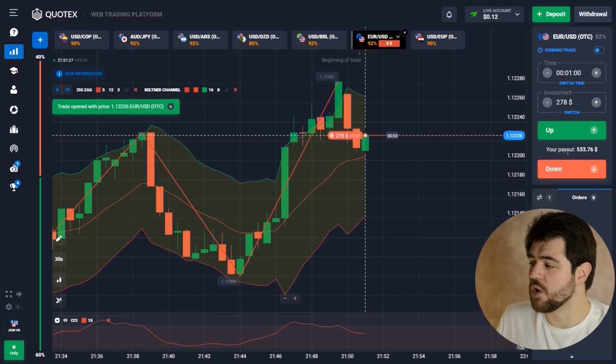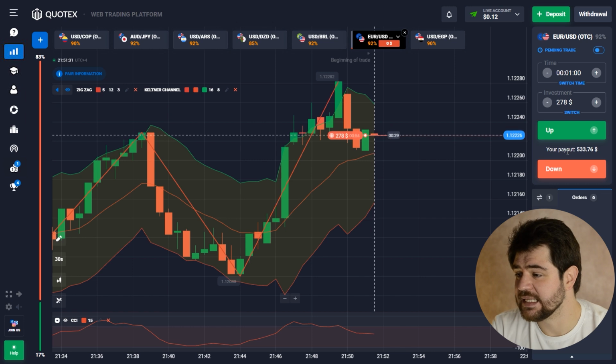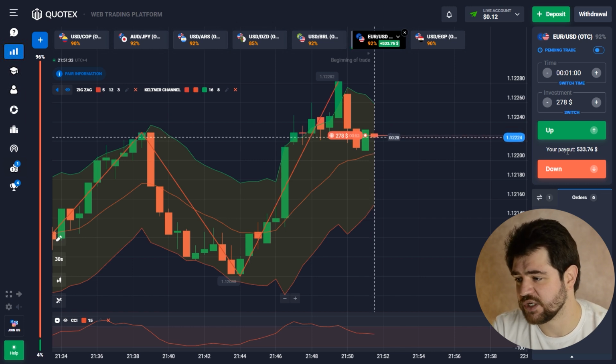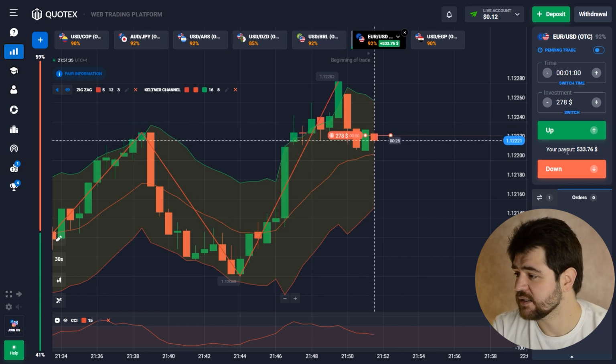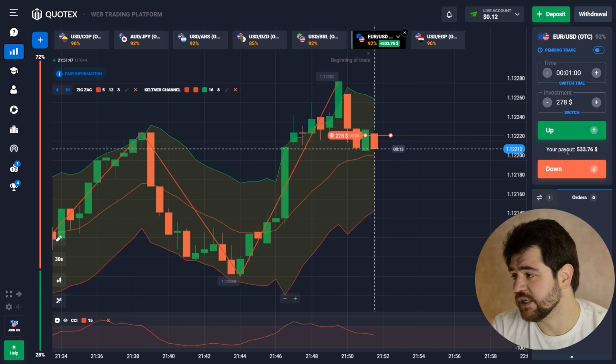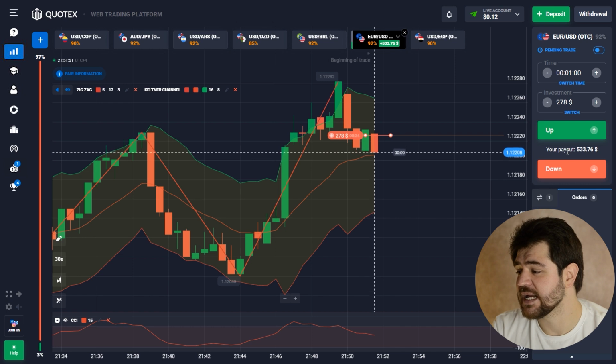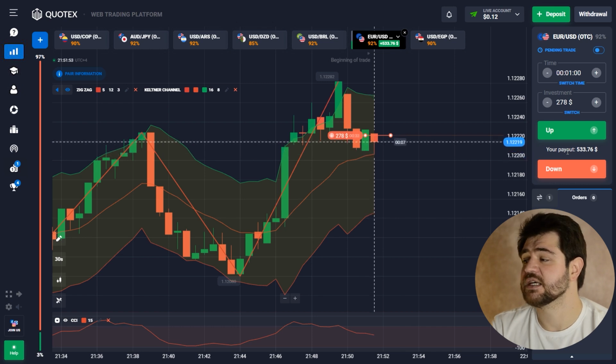Right, let's go with a put option here. We see that the trend is changing here, and from what I'm looking at, we're expecting the price to break through the middle line of the Keltner channel. The zigzag is not drawn yet, and the CCI is looking down.